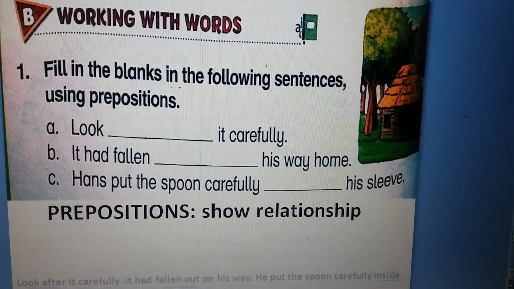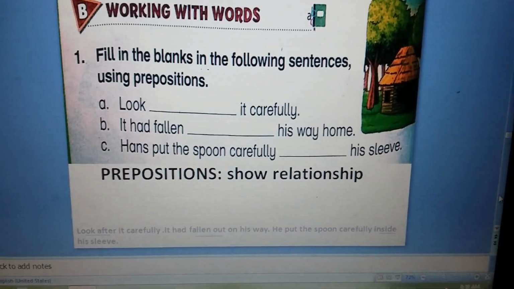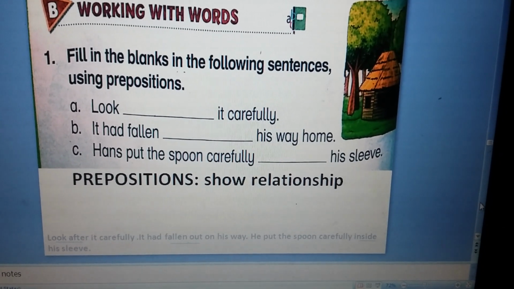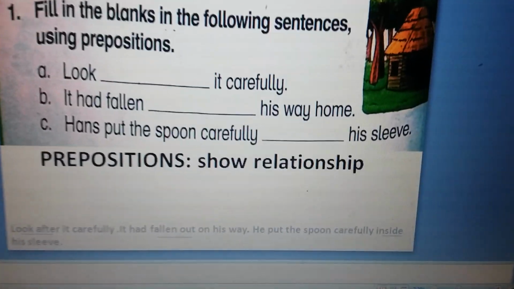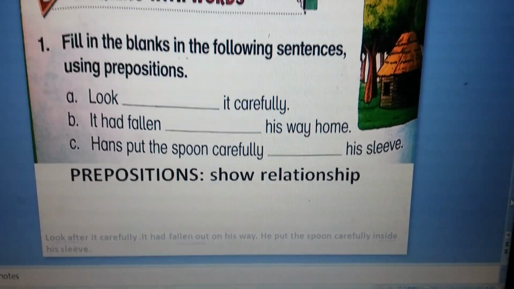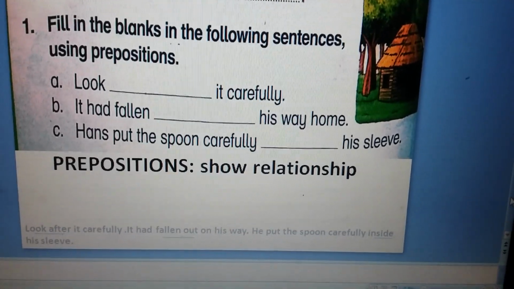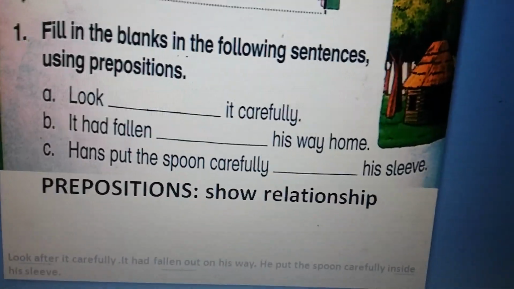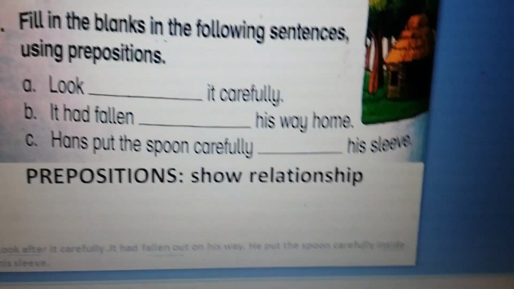Now we will do this activity, working with words. B exercise, fill in the blanks. Some sentences are given and some prepositions are missing, and you have to find them from your text, from the story. First is, look dash carefully.